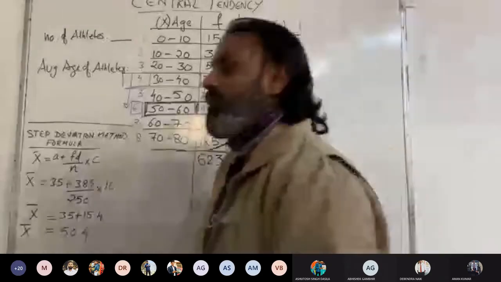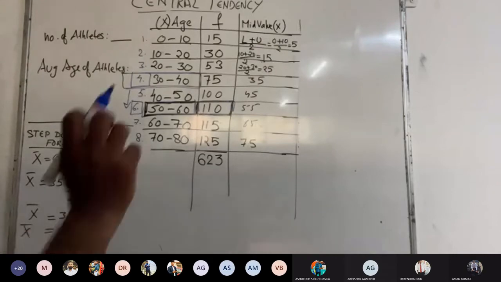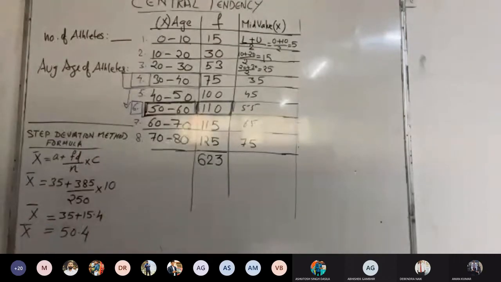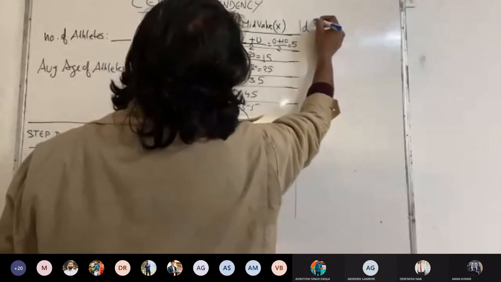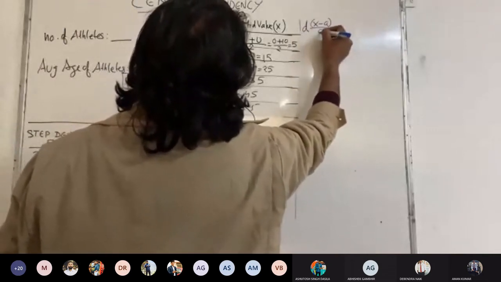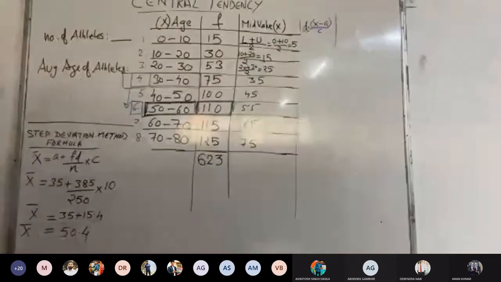In the step deviation method, you can take an arbitrary number and divide it with C, the common factor. So first take the arbitrary number. Which number would you like to take?